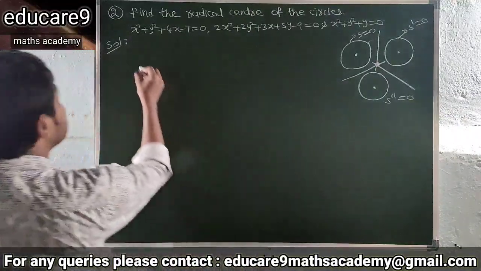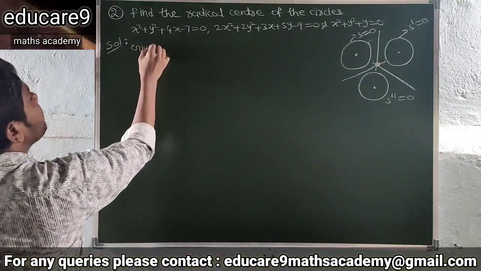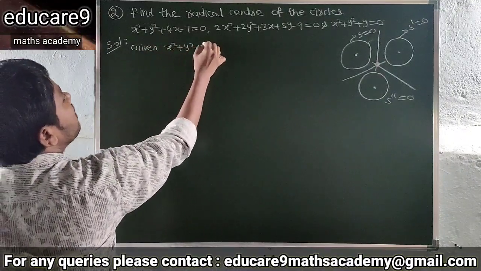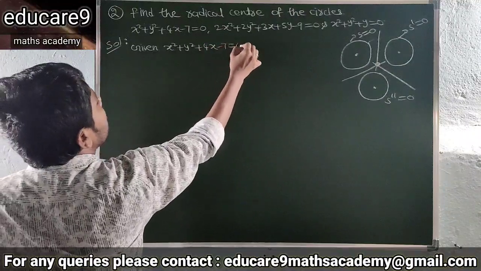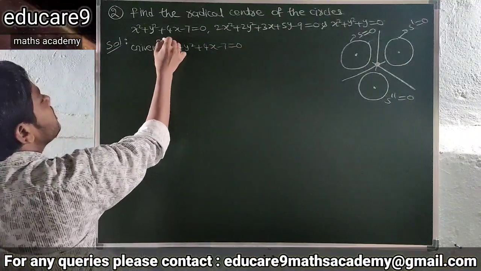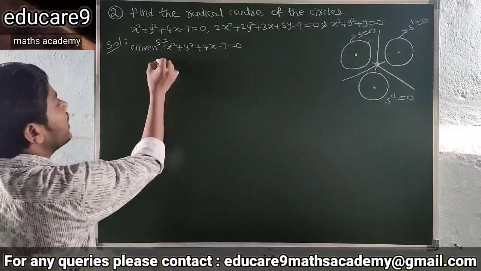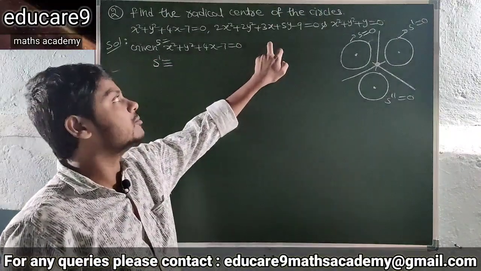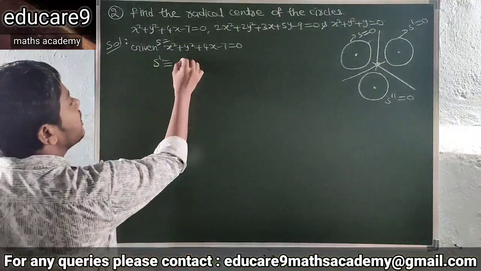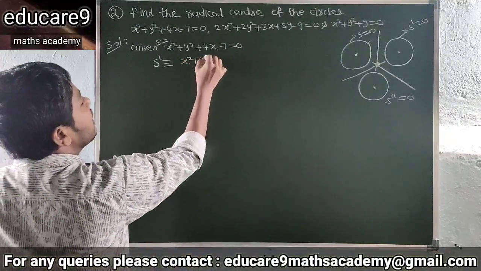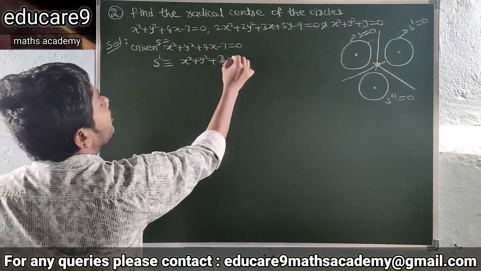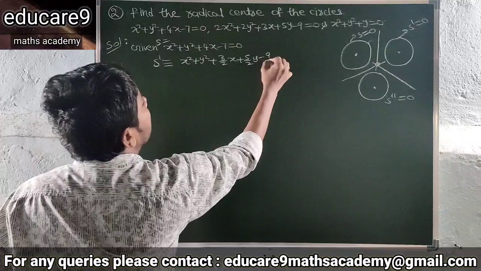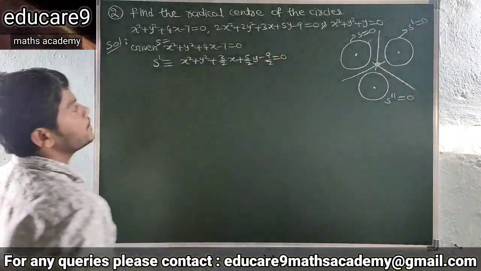So clearly this point of intersection of the radical axes is called the radical center. So here the given circles: x square plus y square plus 4x minus 7 equals 0. This is S. And S dash, here divide by 2. So what you get? x square plus y square plus 3 by 2 x plus 5 by 2 y minus 9 by 2 is equal to 0.